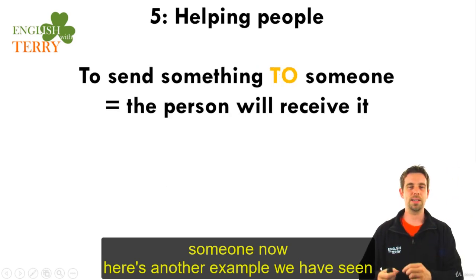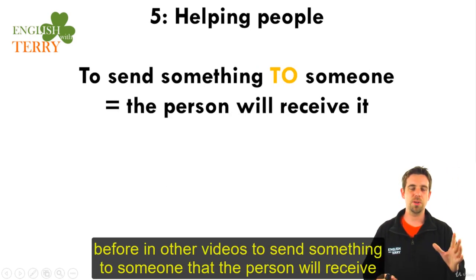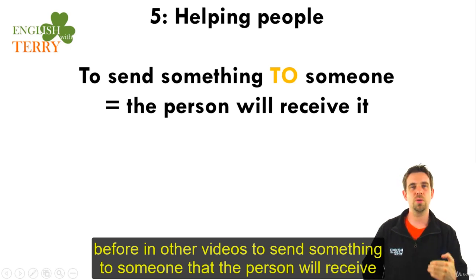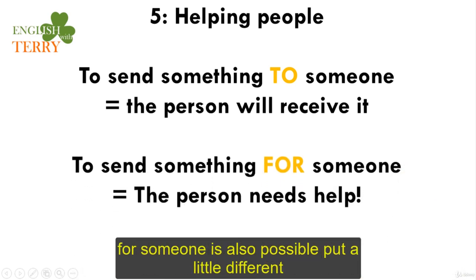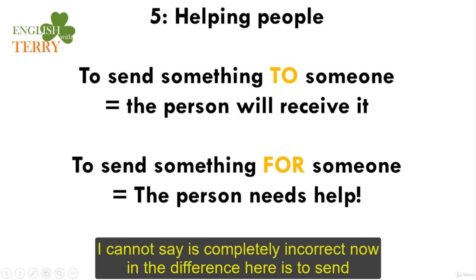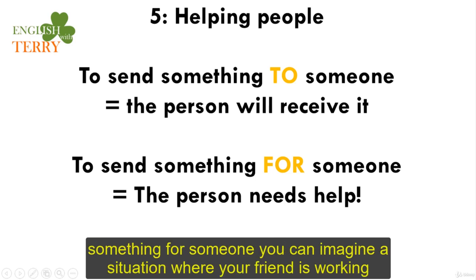Now, here's another example. We have seen before in other videos to send something to someone, that the person will receive it. It can be an email, can be a letter, can be money, right? But to send something for someone is also possible, but a little different. I cannot say it's completely incorrect. Now, the difference here is to send something for someone.